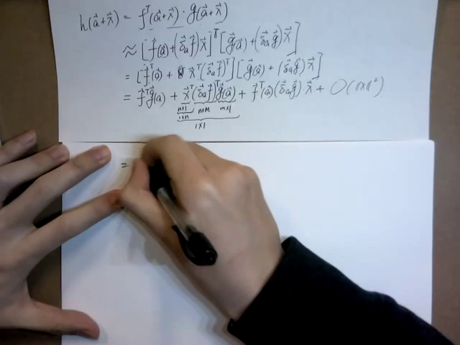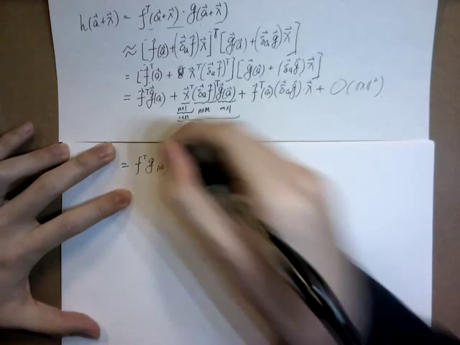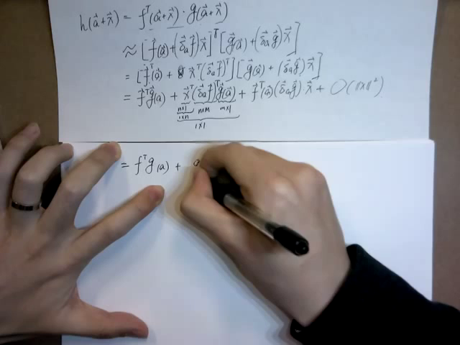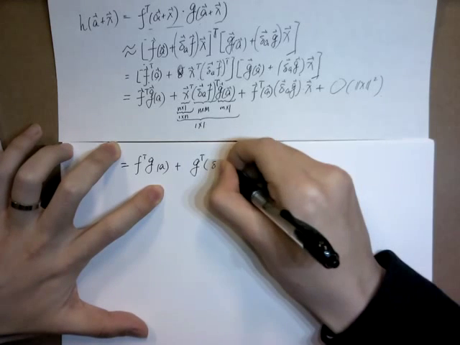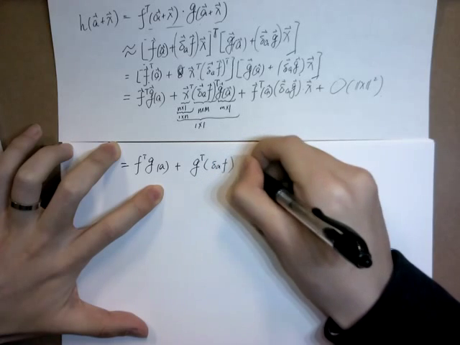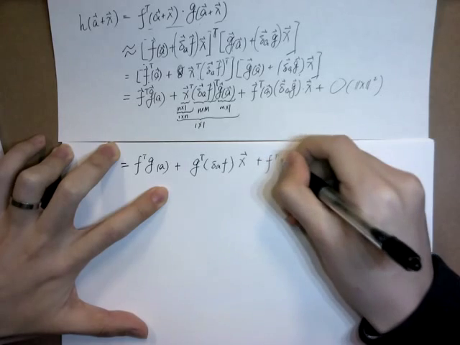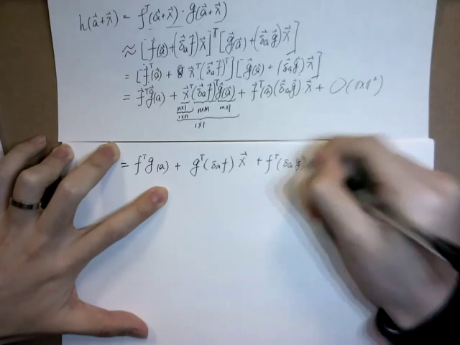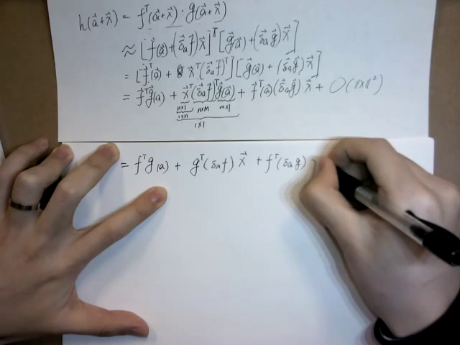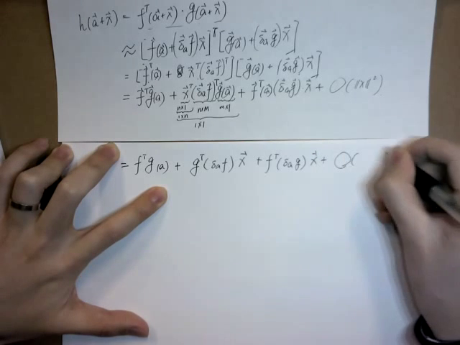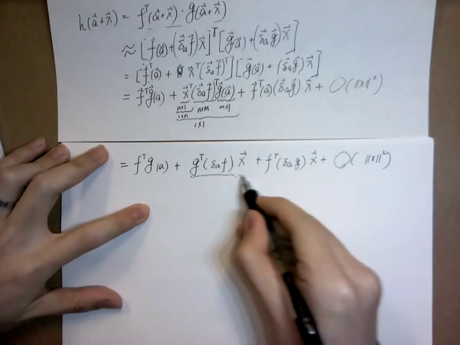So that one will equal F transpose G at A plus, transposing this one, G transpose the Jacobian matrix of F times X plus F transpose the Jacobian matrix of G times X plus something small. And we can simply combine those two together.